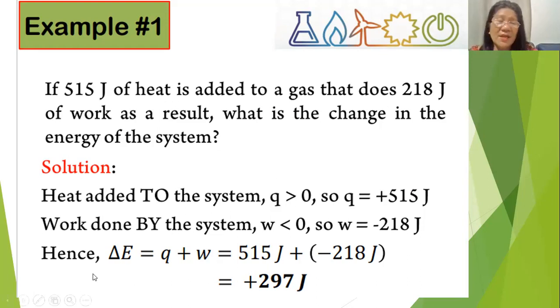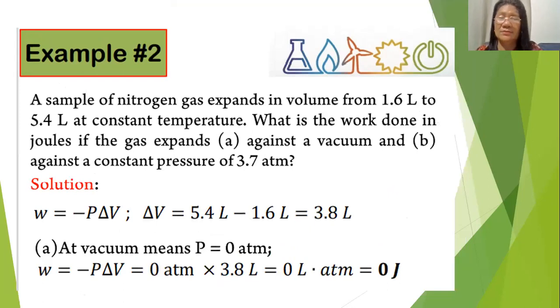So, solving now, we already know that the formula is change in internal energy is equal to Q, which is the heat, plus work. So substitute now the value of Q, which is 515 joule, then plus, substitute the value of work, which is negative 218. Subtract this one. Therefore, the internal energy in the system is equal to positive 297 joule.